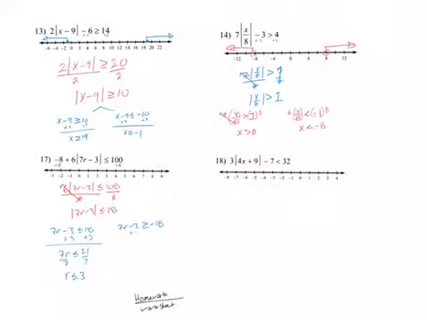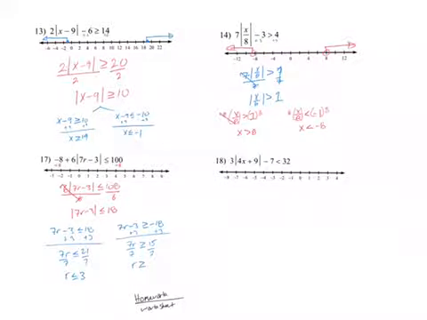Over here, adding 3. I get 7r is greater than or equal to negative 15. Dividing by 7.